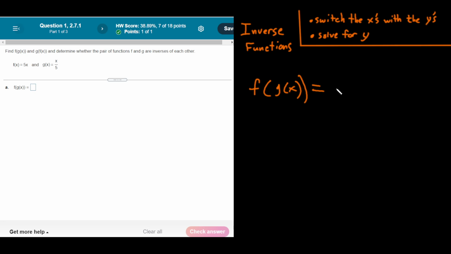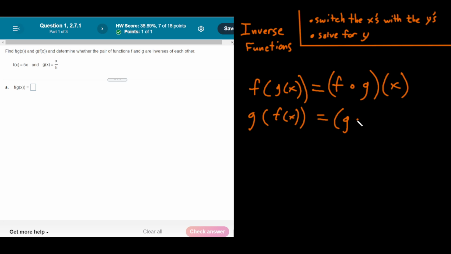Basically, this is what we call f o g, like f, that little o looking thing, and then g. So this is the notation from the previous chapter. They want you to find this right here, f of g of x. And it's going to be the same thing with the g of f of x. You're going to plug the f function inside of the g function, and that's g o f, right?